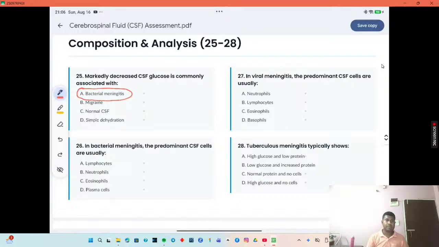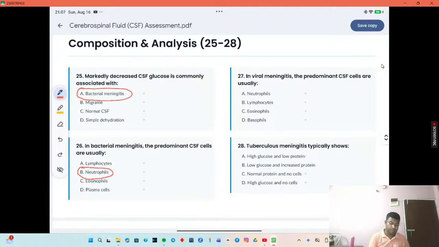Okay. So now the next question is given as in bacterial meningitis, the predominant cerebrospinal fluid cells are usually neutrophils, because neutrophils help us to fight bacterial infection.